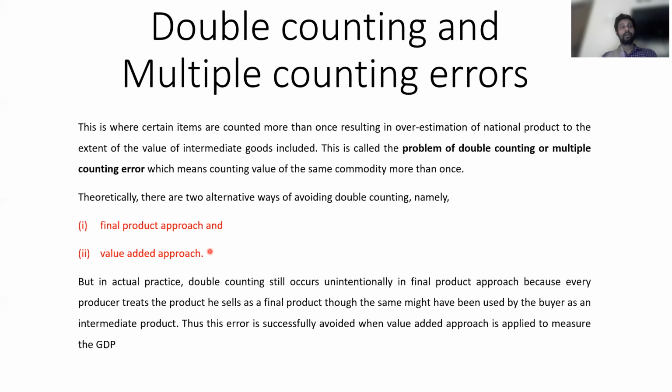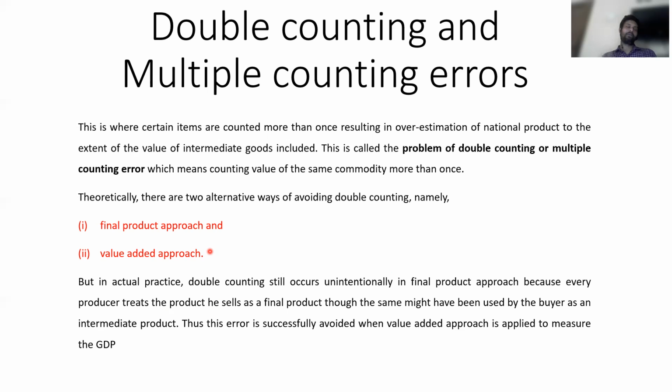Then there's a problem. If the sugar company's output is eliminated, only the sweet companies' or cake manufacturers' output can be considered. In that case, the real or accurate value of sugar is not counted. Why? Certain sugar is consumed by consumers for their final consumption.